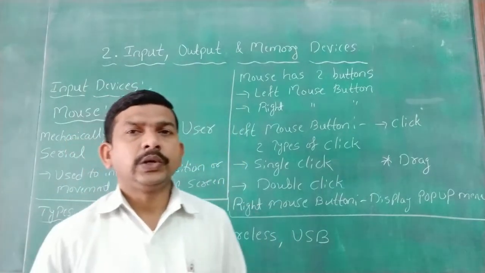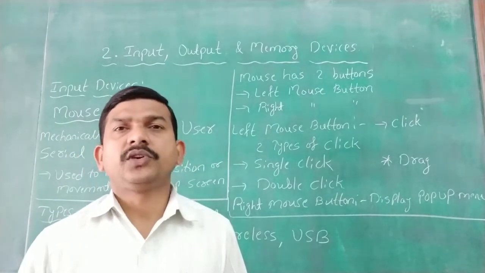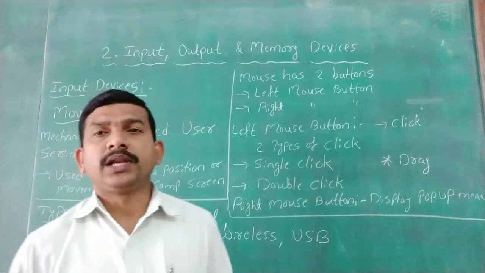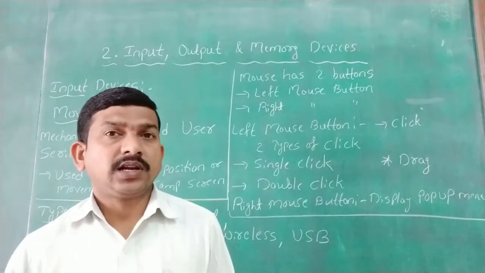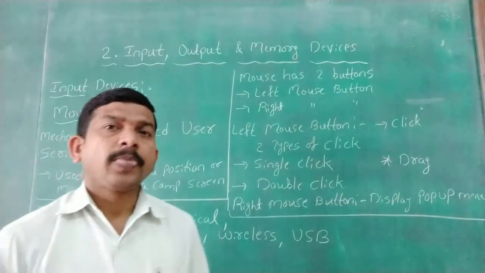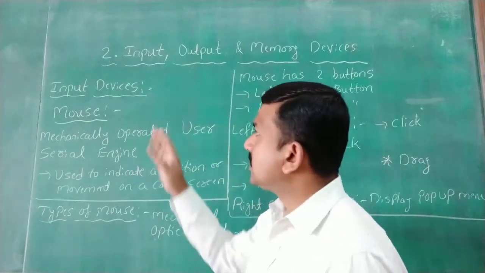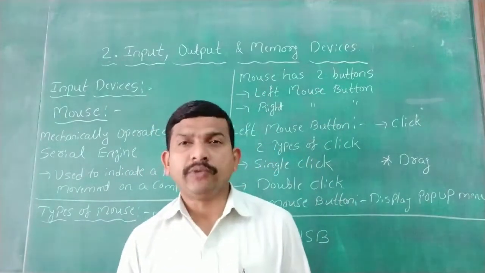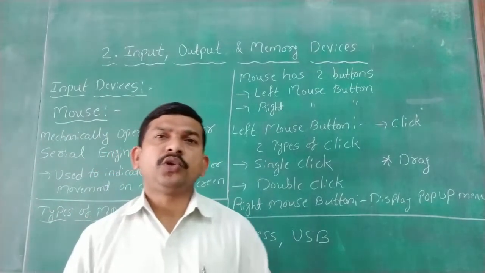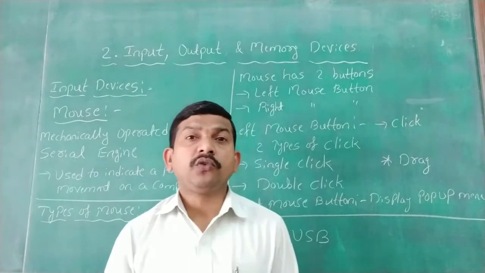In the last video we started the second chapter of your syllabus, that is input, output and memory devices. In the previous class I already discussed what an input device is and why we use it. An input device is used to feed data.